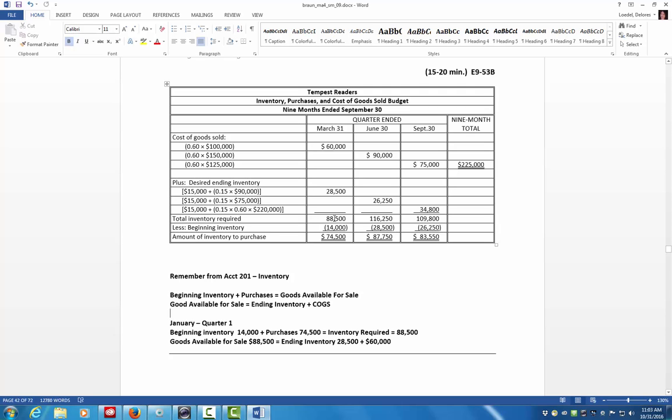Our total inventory required, 88,500, is equal to our ending inventory of 28,500 plus our cost of goods sold of 60,000. So hopefully thinking through this in the opposite direction will help you clarify some of these numbers and what they mean.